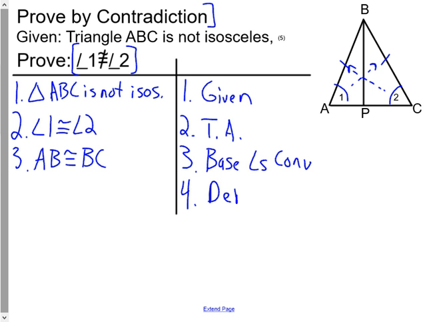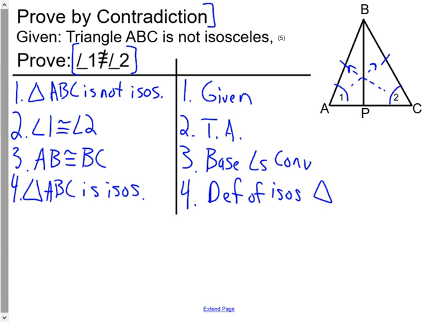And now the triangle is isosceles by definition of what an isosceles triangle is: a triangle that has at least two sides congruent, which is a complete contradiction of what we just talked about in step 1. So there's my contradiction. We're almost done. Angle 1 not congruent to angle 2 by contradiction.